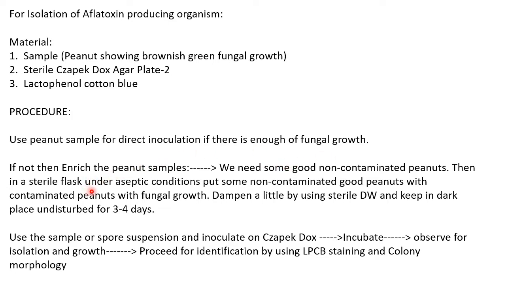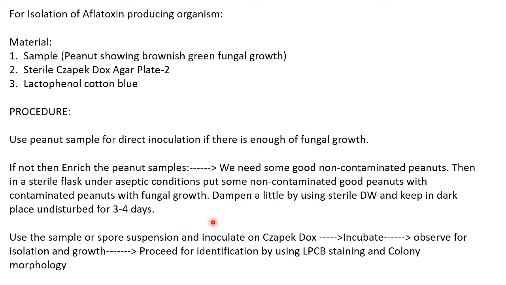If not, then you need to enrich these peanut samples. How will you enrich? We need some good non-contaminated peanuts. In a sterile flask under aseptic conditions, put some non-contaminated good peanuts together with the contaminated peanuts which have fungal growth.